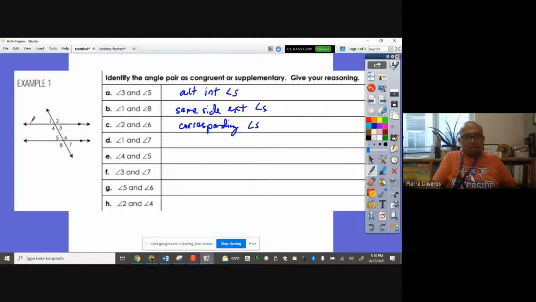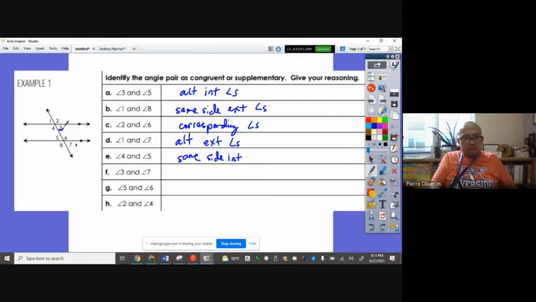1 and 7. They're split by the transversal and they're both outside, so they are going to be alternate exterior angles. 4 and 5 are both on the same side of the transversal and they're interior. Same side interior. 3 and 7.